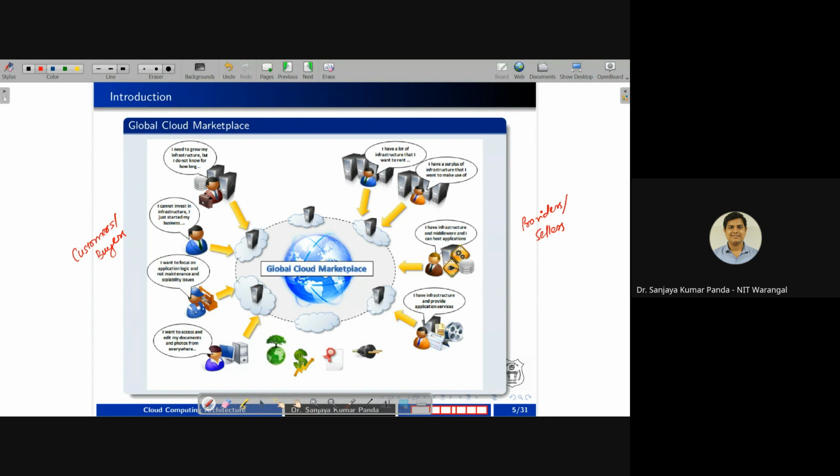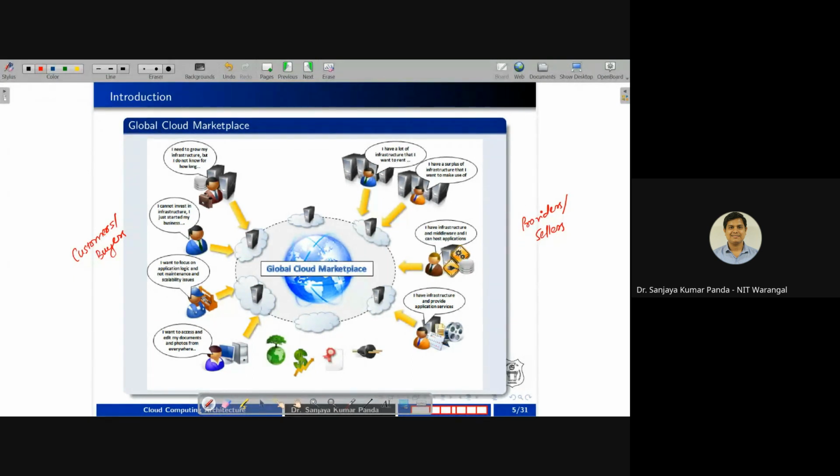Like in our day-to-day activity, we go to the market to purchase vegetables or groceries, right? So we are considered a buyer, and those people who are providing these we consider a seller, right? So that is called a marketplace.